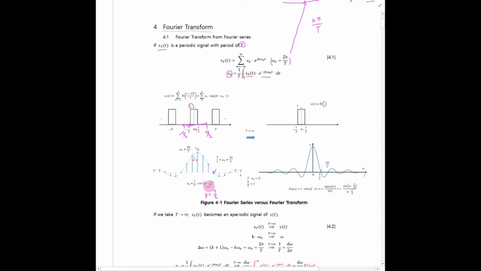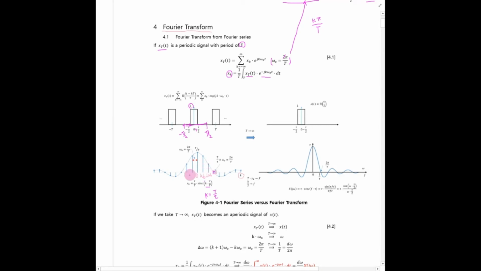So that's this point. The Fourier series coefficient shows us the harmonic components, and this axis is the harmonic index. If the harmonic index equals 0, that means the DC component. If harmonic index is 1, it means omega 0. The next one is the 2 times omega 0 harmonic component.